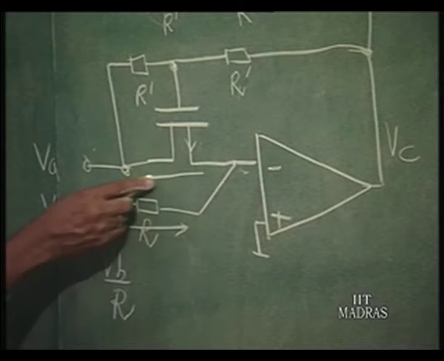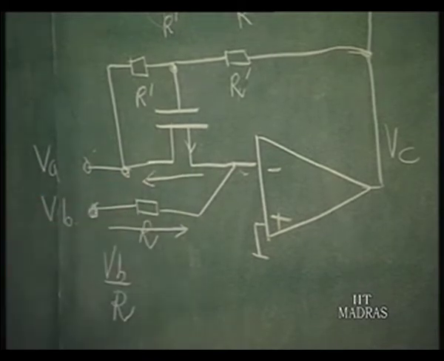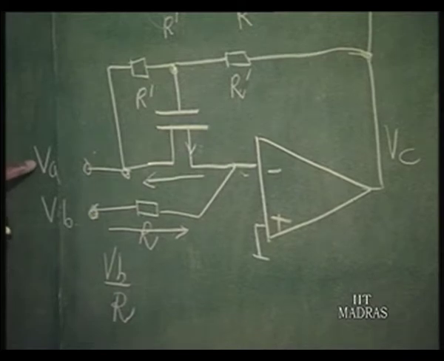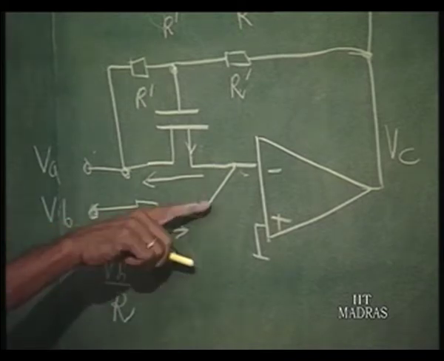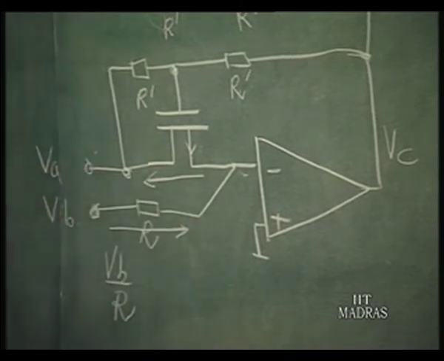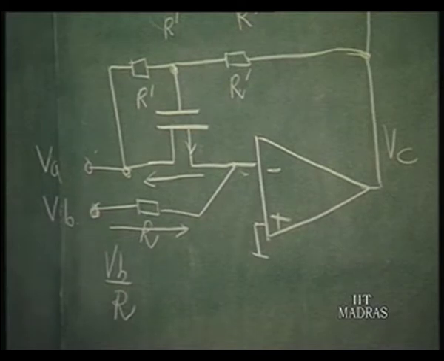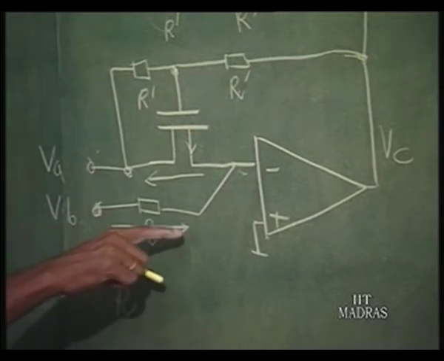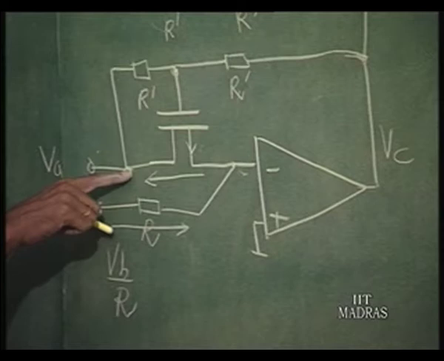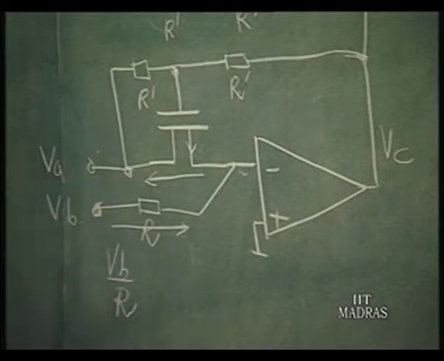So, the current has to go out here. One requirement is that if this is positive, this has to be negative. If this is negative, this has to be positive. These two should be of opposite polarities, because this current is going and this has to be coming out from this. So, if this is VB by R, the current here is going to be the same as VB by R.